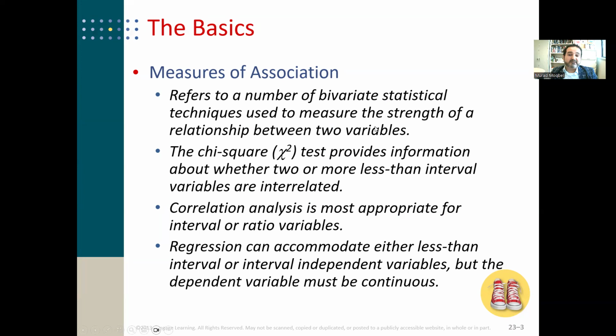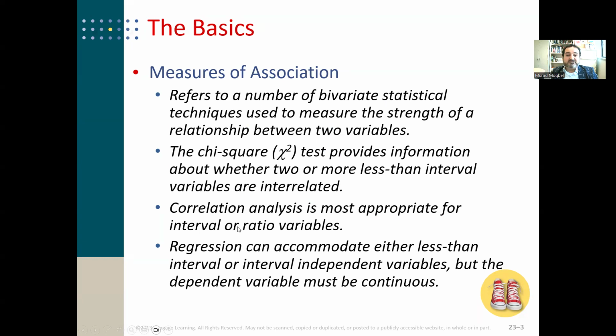And then the chi-square test is used to provide information about whether two or more variables that are not continuous, if they are ordinal or nominal, are related. Because ordinal variables, sometimes we assume that they are continuous variables, but we will talk about that in a little bit.